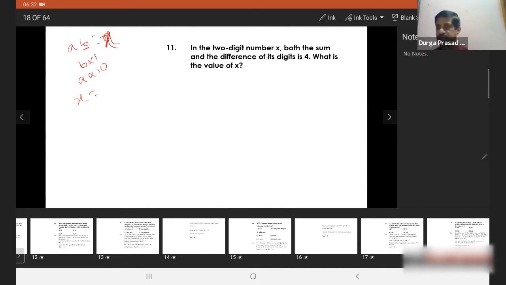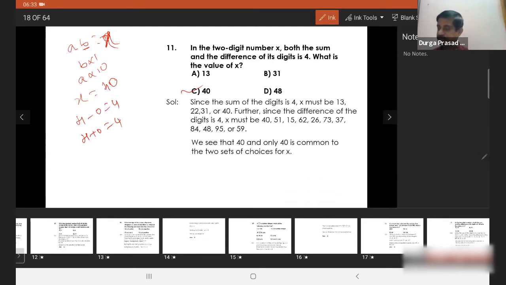Then only you will get 4 plus 0 is 4, 4 minus 0 is 4. So automatically the number is 40. It is very clear because 4 minus 0 is 4, 4 plus 0 is 4. Right, children? So therefore x is 40. Please note it fast, quick.